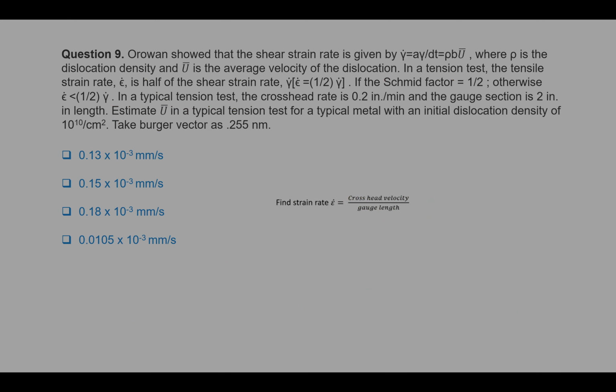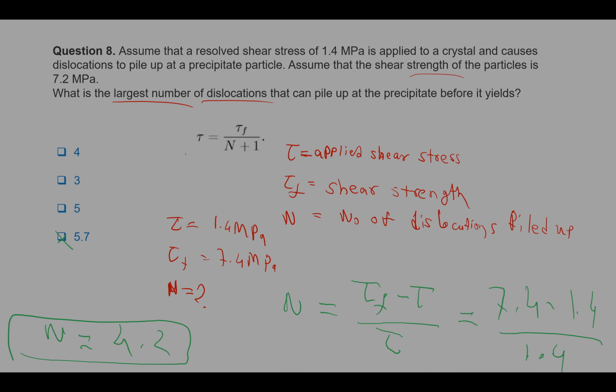So it would be option number 4. The correct answer should be 4.